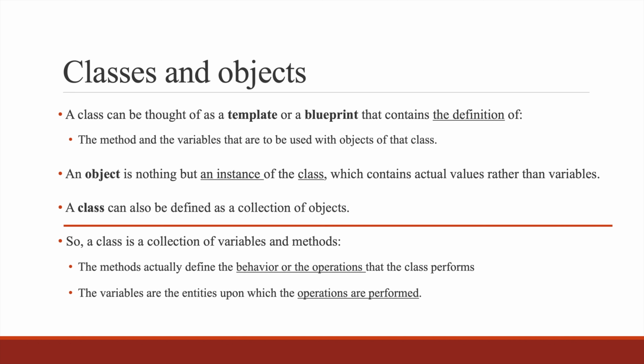And it could have, for example, a different maximum speed. So this is what we mean by an object of a class, where a class defines a blueprint or a template. A class, as we've said, is a collection of variables and methods, where the methods define the behaviors or the operations, and the variables define what these entities can have operations performed on them.